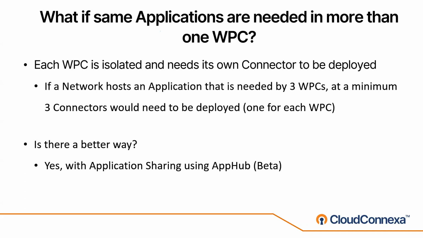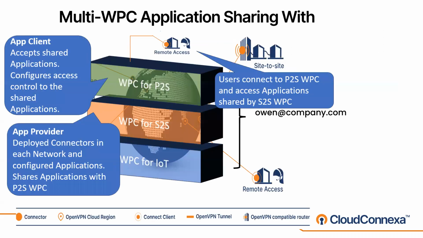We call it App Hub and application sharing. Right now, App Hub is in beta, but it's available for use. It's not a closed beta. It's open for everyone to use. And we are going to show you how to use application sharing and App Hub. So for example, here's an example.